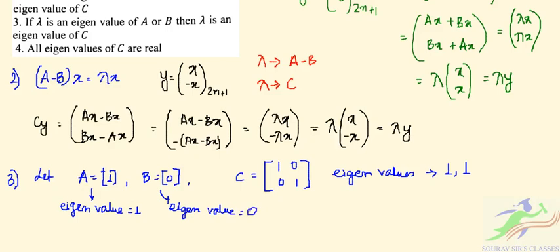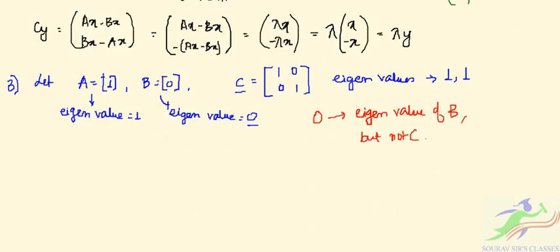So 0 is an eigenvalue of B, but 0 is not an eigenvalue of C. So option 3 is not a correct statement.